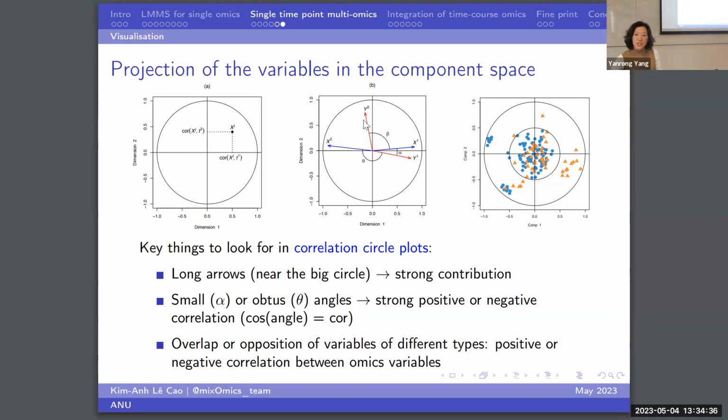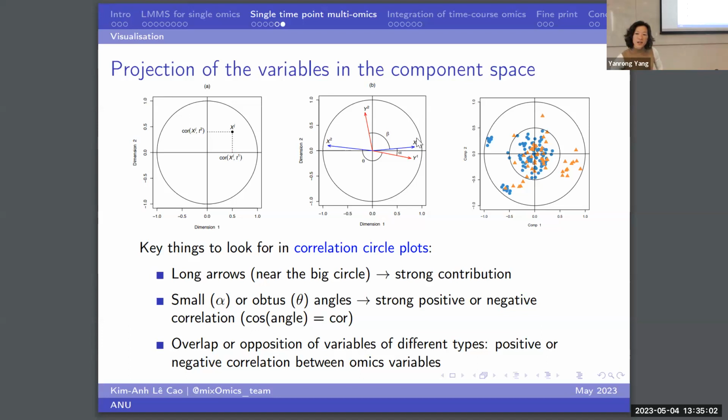On the contrary, x1 and y2, the angle is square, and so they're not correlated. That makes sense because x1 contributes to component 1, and y2, if I project on the y-axis, contributes to component 2. And by definition, in principal component analysis, the components should be orthogonal. So if one variable explains one component, it shouldn't explain the other component.